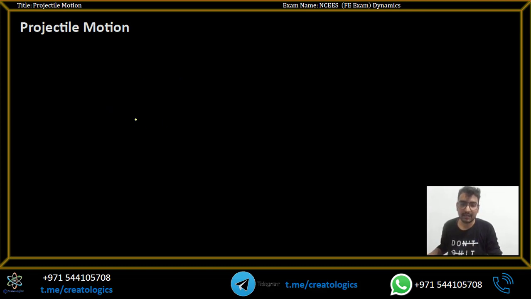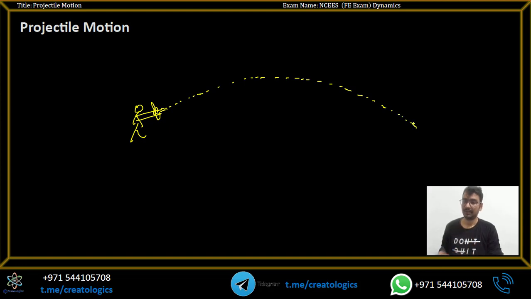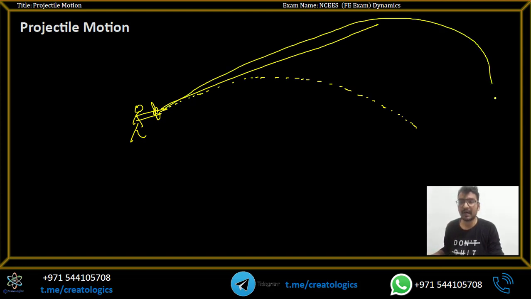Similarly, if a hunter shoots a bullet from a gun, the bullet will also follow this projectile path, which is a parabolic path. The bullet will not go straight; it will always follow this parabolic path.